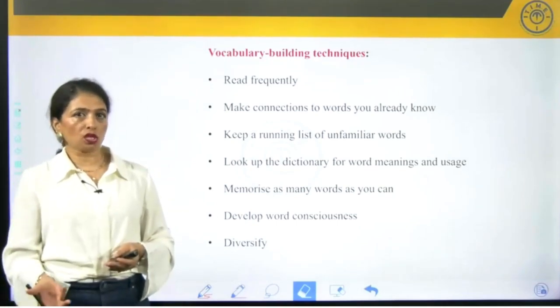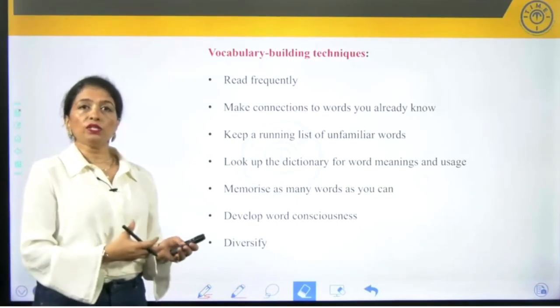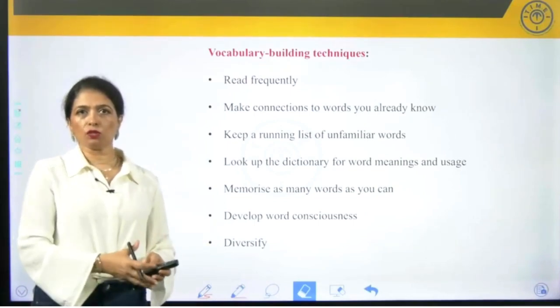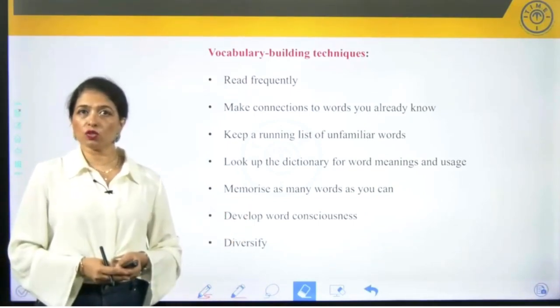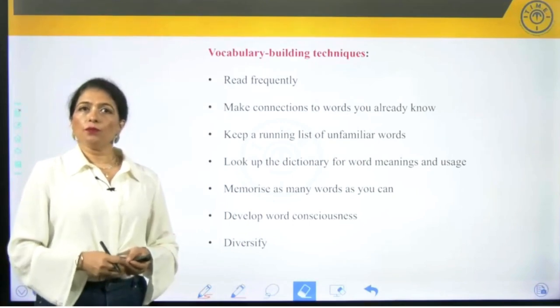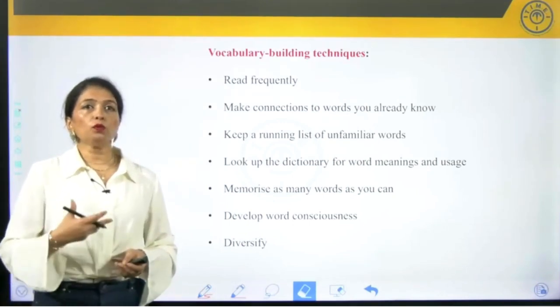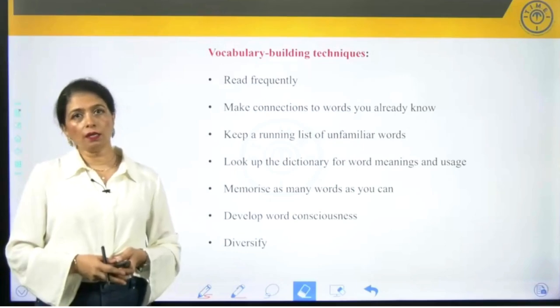So you may come across jargon, you may come across words which are used in a particular situation. So this is the diversification that you need to have in place. The variety will help you express yourselves better later on.